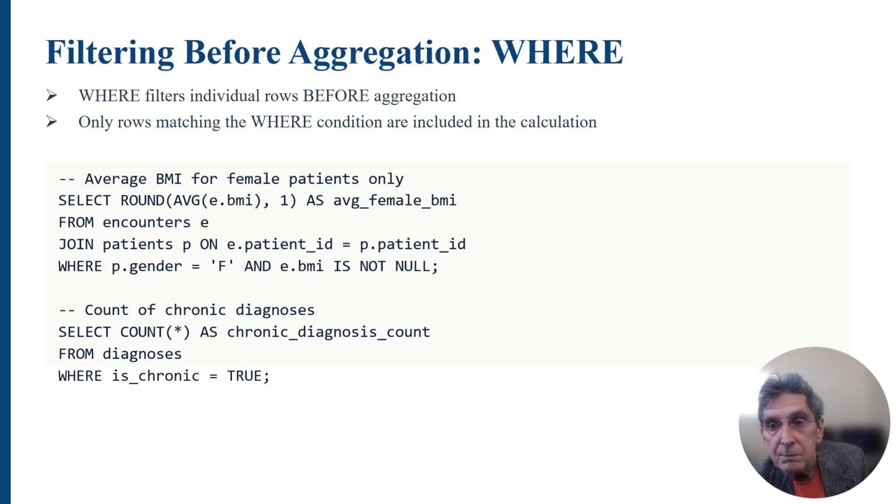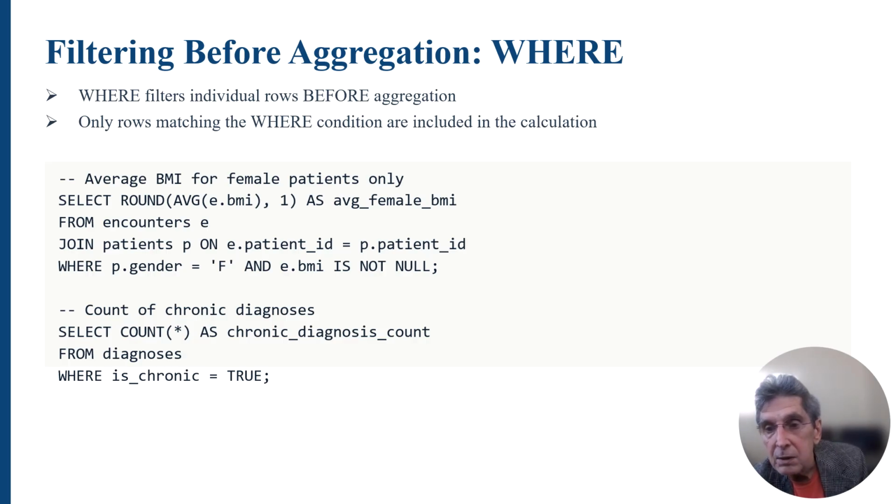Notice the join between encounters and patients so that we can access the gender column, which is only in the patients table, not in the encounters table. The where clause filters to female patients, and the not null BMI values before the average is calculated. This means the average is computed only over the female patients' BMI readings.